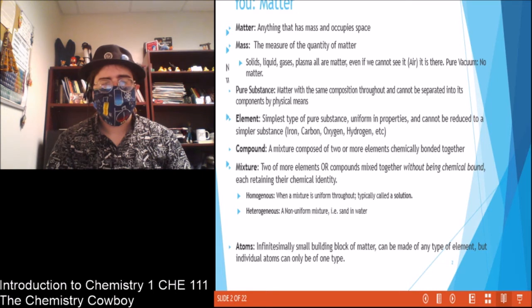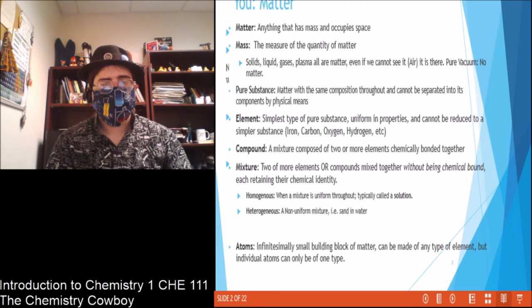If you took some sand from the beach, it might be a little bit different. You might have some shells in there, or trash that someone threw in there. There are lots of different things. That would not be a pure substance. A pure substance could be an element, could be a compound, could be something else, but it cannot be separated by physical means. And we'll get to what I mean by physical means in a minute.